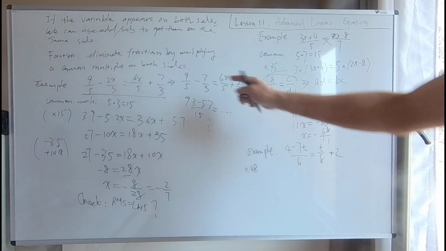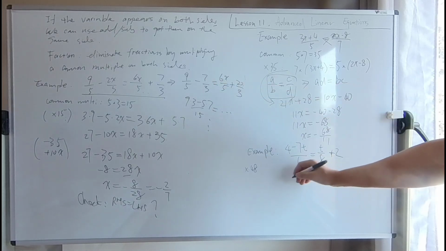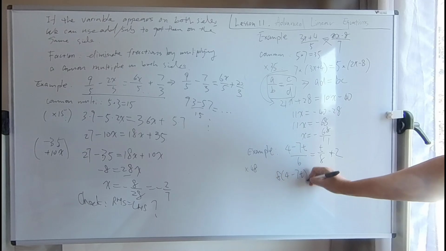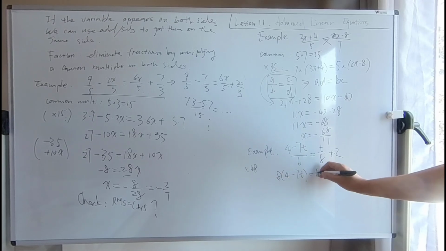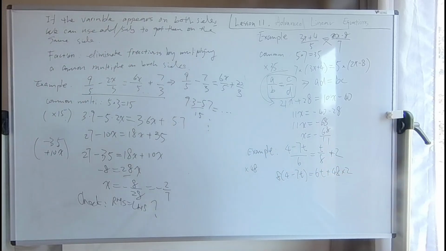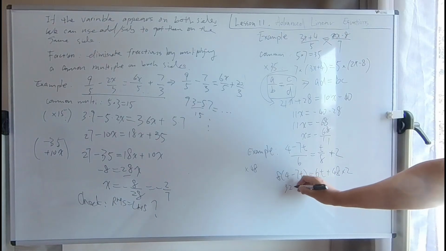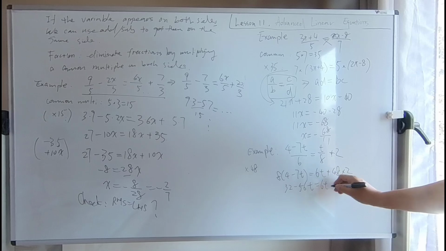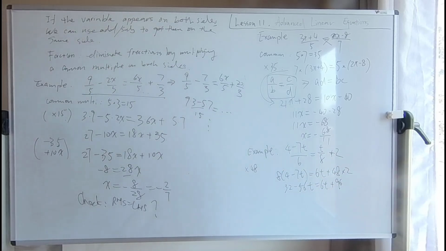So basically, this is just the regular way to simplify fractions. So let's do this quickly. So I have 6t plus 48 times 2. So I have 32 minus 56t is 6t plus 96.